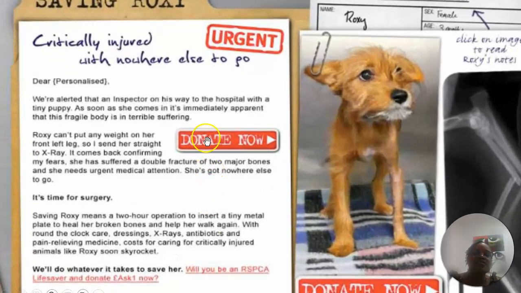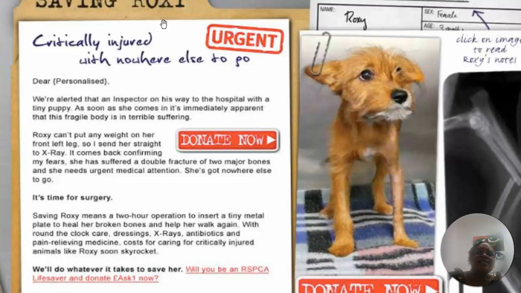Now, this name Roxy gives credibility to this campaign. It is not just saving any random animal. There is actually an animal, a dog that exists with a name named Roxy. And so this gives credibility to the RSPCA that they are actually going to save an animal, Roxy.